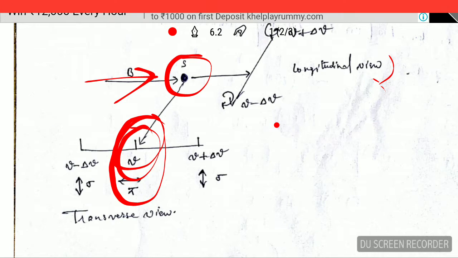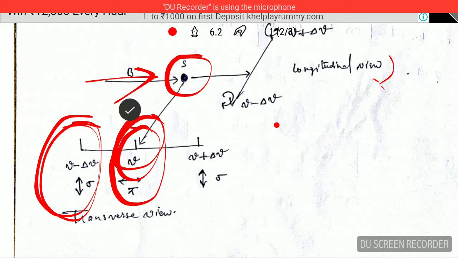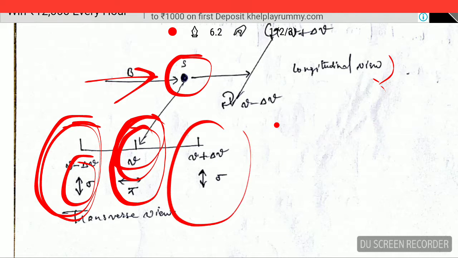Now this line is also plane polarized, and its direction of polarization is perpendicular to the magnetic field B. And this is also plane polarized light, and its direction of polarization is also perpendicular to the direction of the magnetic field. So there are three lines. This is our second observation.